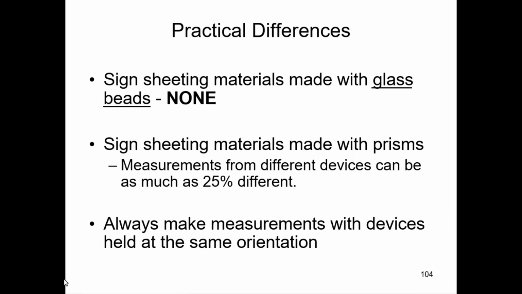But for prismatic sheeting, you can see here measurements from different devices can be as much as 25% different. So you can't really compare the results from one device to another. And another thing to keep in mind, always make the measurements with the devices held at the same orientation. So that would be important to train or instruct the crews in the field that are actually making the measurements. The device needs to be held at the same orientation each time.